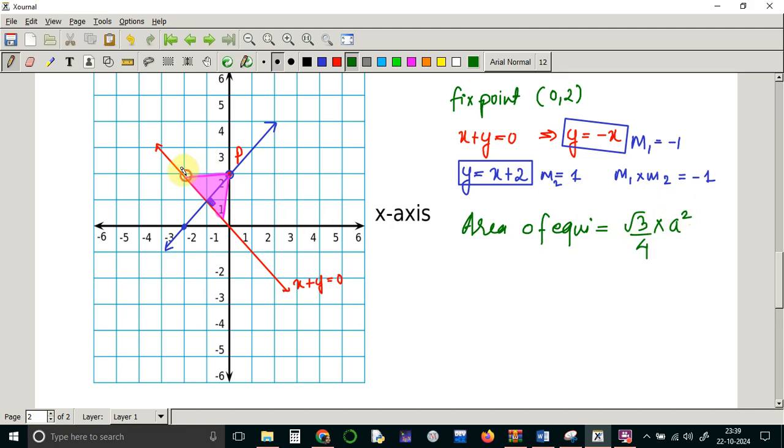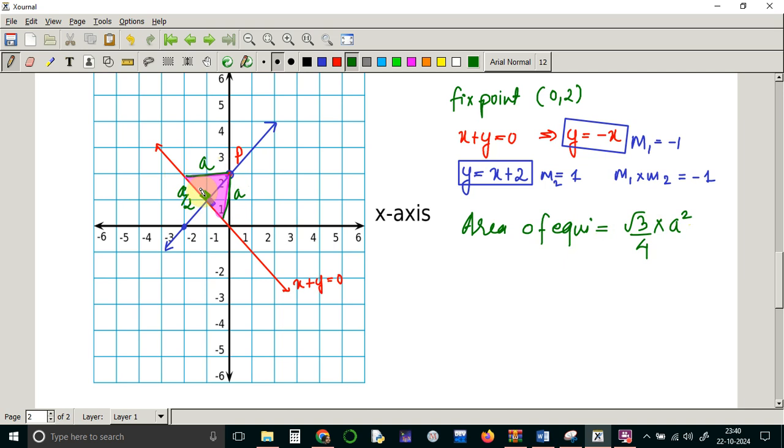So assume that this side is A, so this side is also A, and this perpendicular altitude divides the base. It's a median also, so this is A by 2, and this is a right triangle.